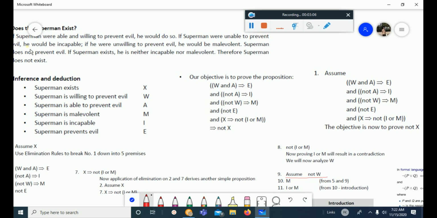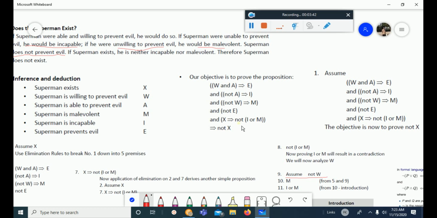So this is represented here. And if he were unwilling to prevent evil, he would be malevolent. So not W, not willing to prevent evil, means malevolent. And not E: Superman does not prevent evil.